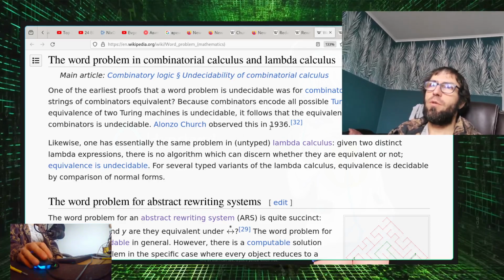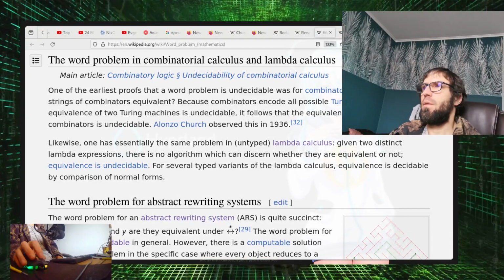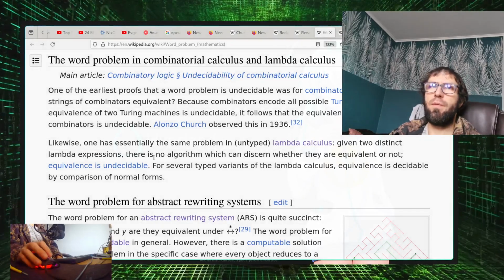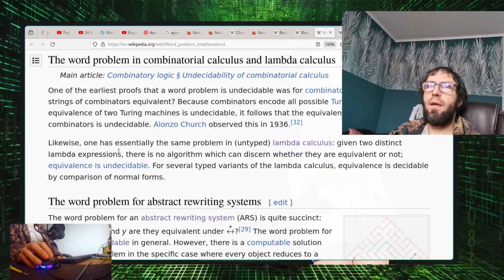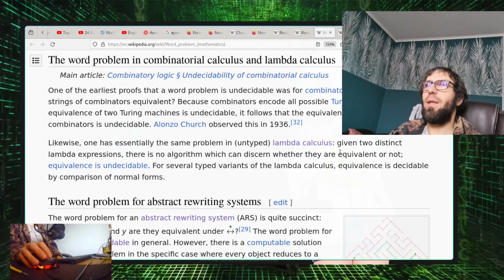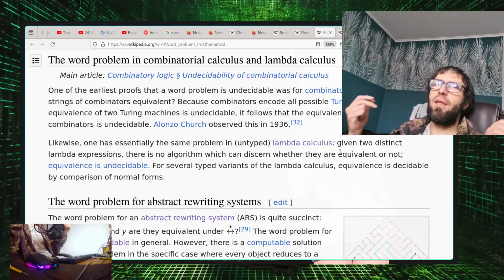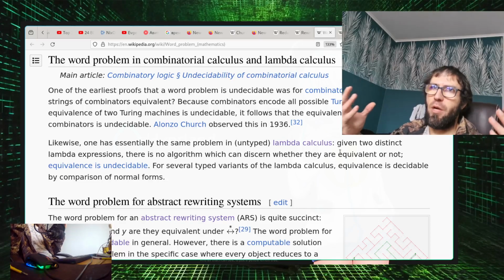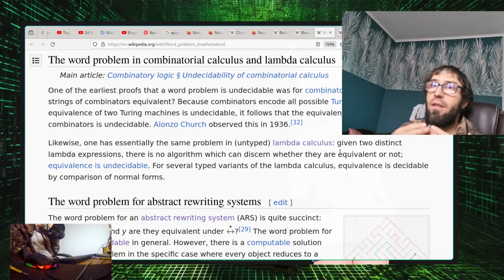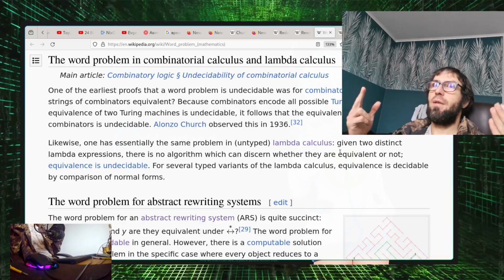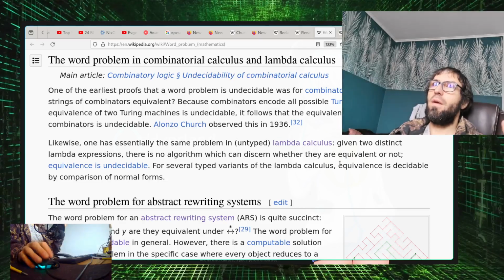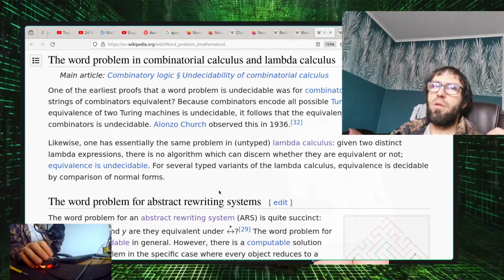Alonzo Church observed this in 1936. Likewise, one has essentially the same problem in untyped lambda calculus. If we are given two distinct lambda expressions, there is no algorithm which can discern whether they are equivalent or not.